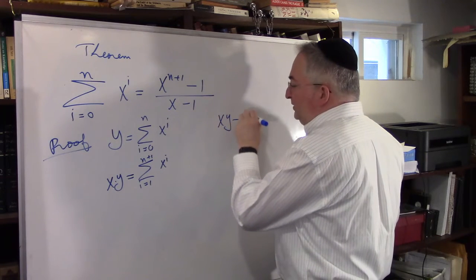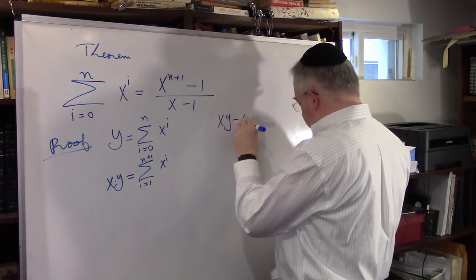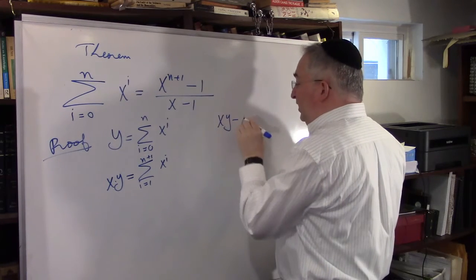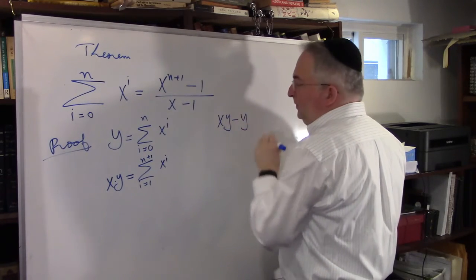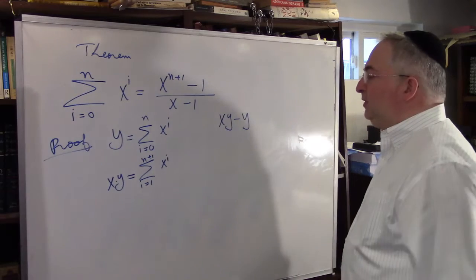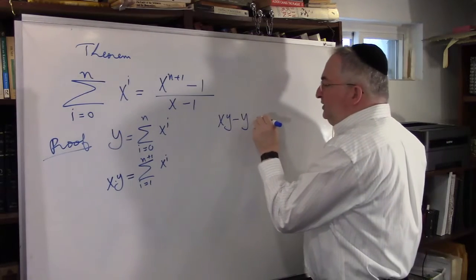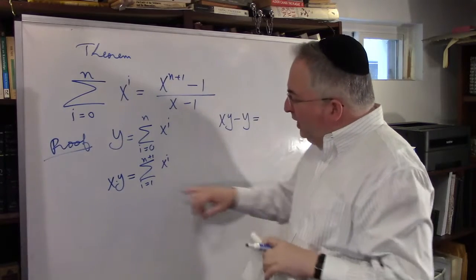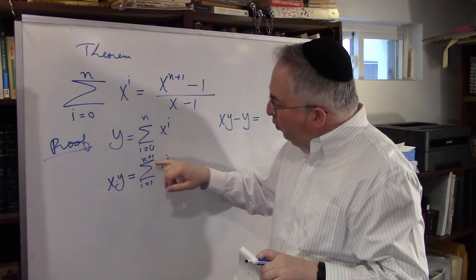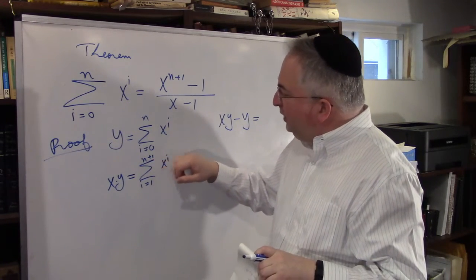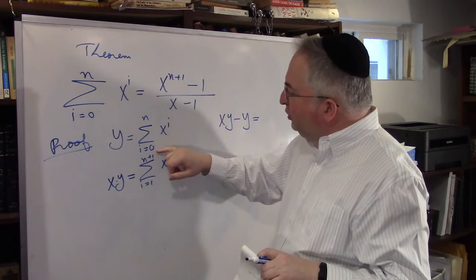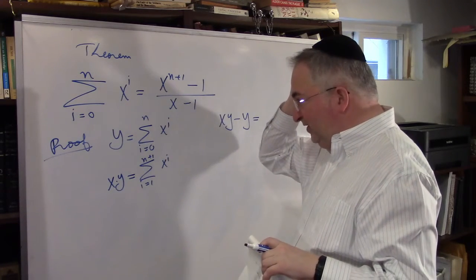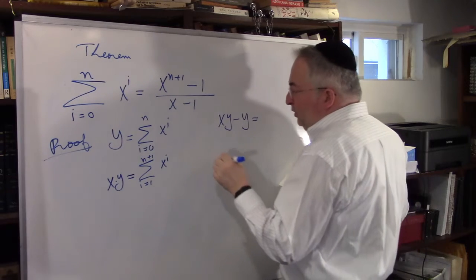xy minus y. Let's see what it is. Look, I have all the terms from 1 till n plus 1, and I'm subtracting the terms from 0 to n. So we can write it as follows.